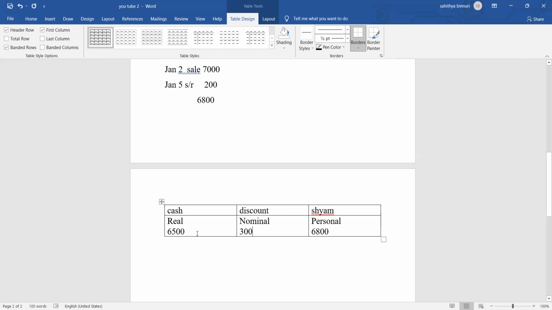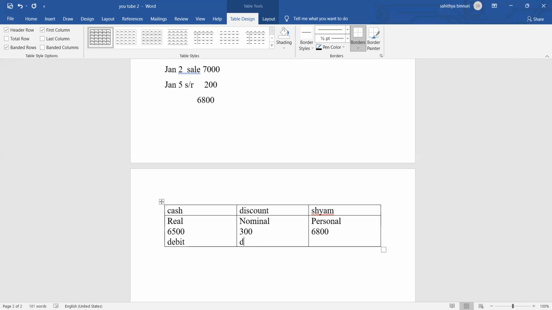Now when you see, 6,500 is the cash you received, debit what comes in. Cash came to you, only 6,500, and the principle of real account is debit what comes in. So that's the reason cash will be debited. This 300 rupees actually you are supposed to receive, but you did not receive because you allowed him discount. So that's the reason, the principle of nominal account is debit all expenses and losses, credit all incomes and gains.